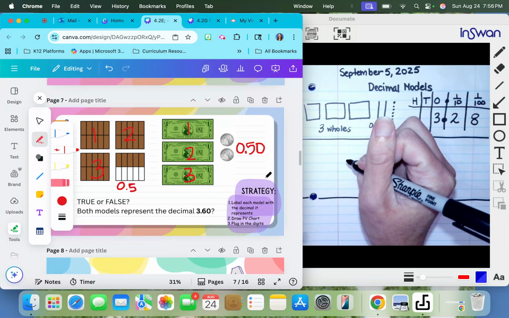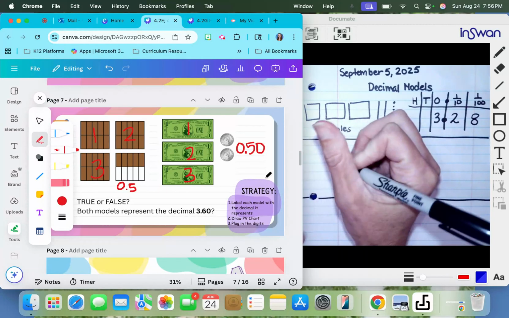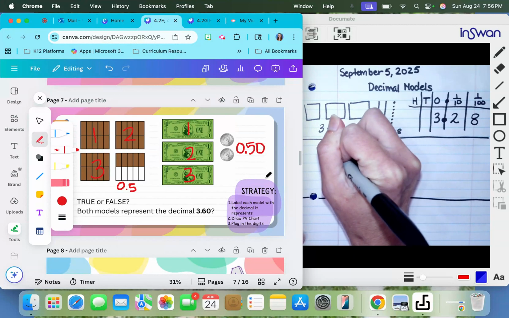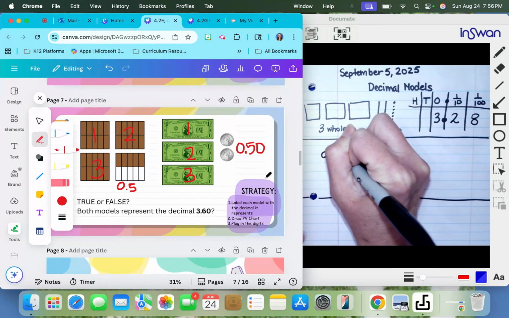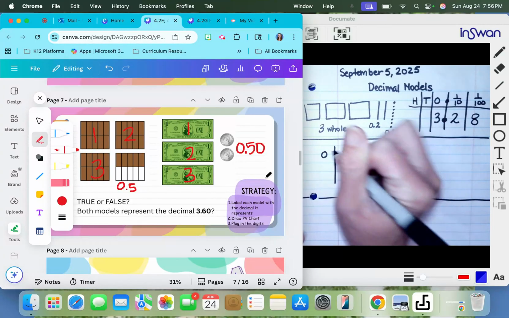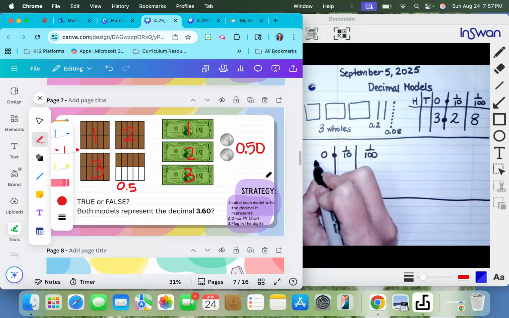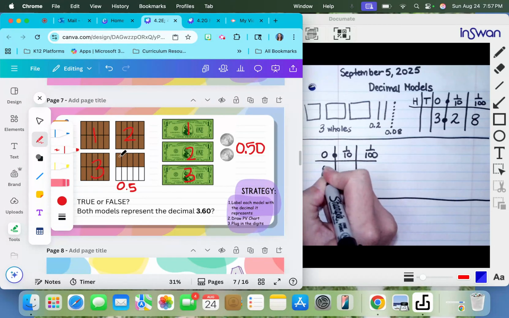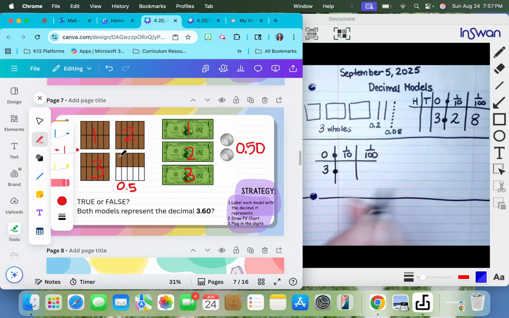So let's take a look at what our numbers represent. For our first model, I'm going to draw my place value chart, just ones, tenths, and hundredths, because our number's not very big. Our first number has how many wholes shaded in? 3. Decimal point. And how many tenths did we say were shaded? 5 tenths.